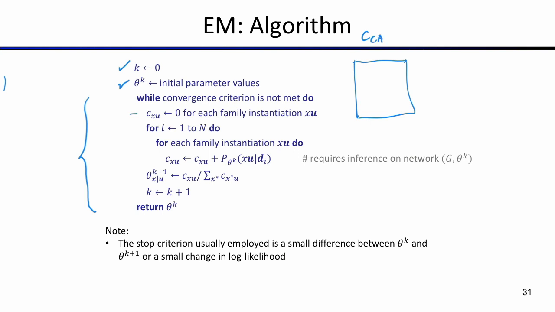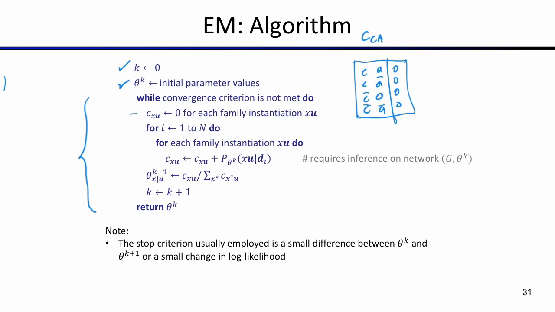We're going to have 4 entries because we have 2 binary variables: C and not C, and A and not A, and A and not A again. And for each entry here, we're going to have a value 0, right? And we're going to have one of those tables for each family that we have in the Bayesian network. And now we're going to make a pass over the data.